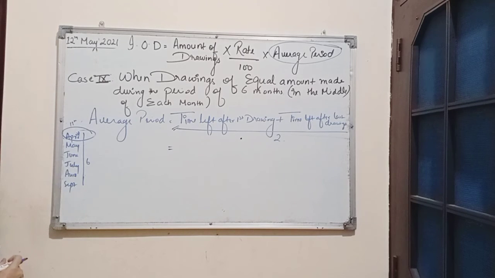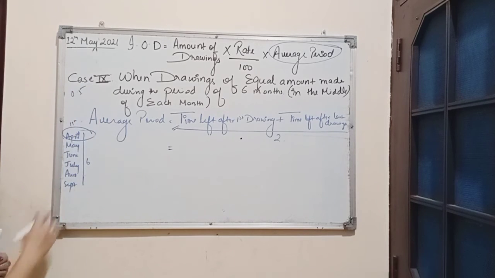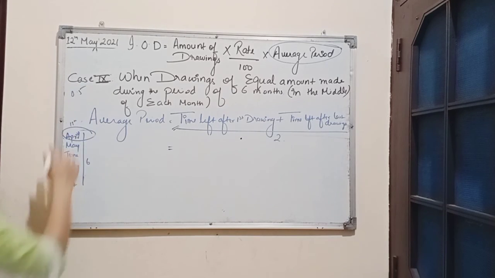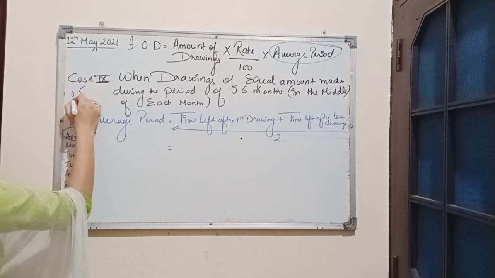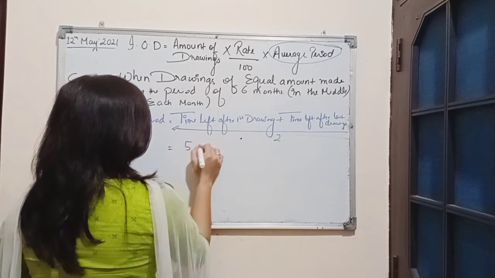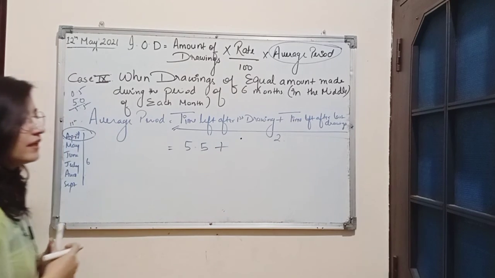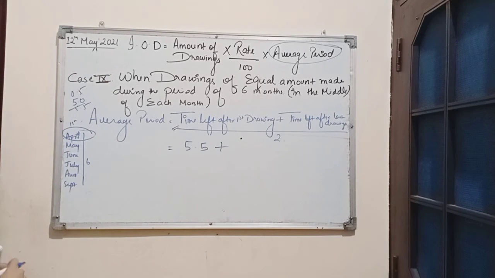Now the time left after 15th April will be half month of April and the remaining is 5 months. So it will be 5.5 months. Time left after first drawing will be 5.5 months. Now we will calculate the time left after last drawing.